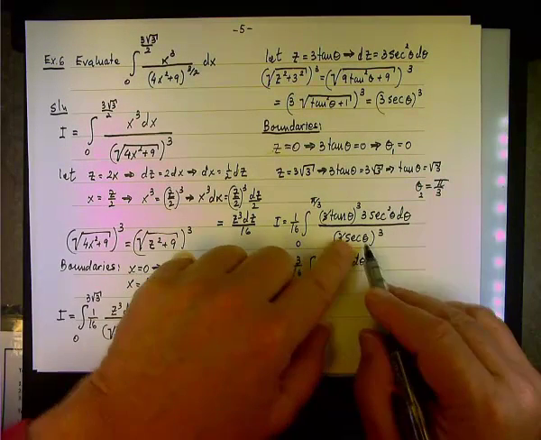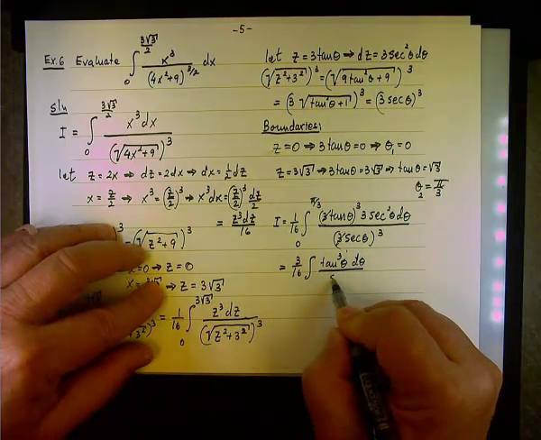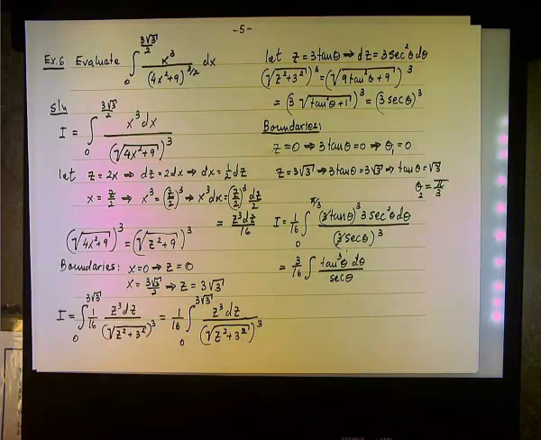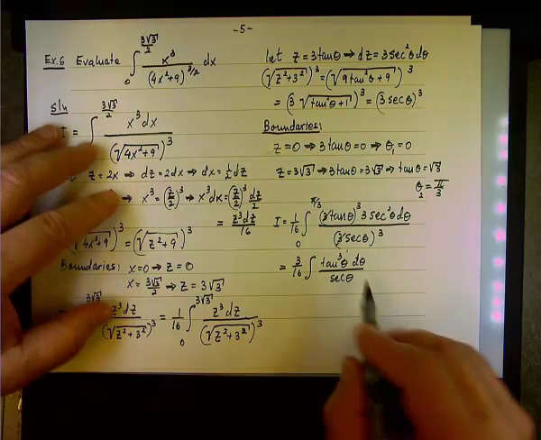No, this is secant squared divided by secant cubed. So we have tangent cubed d theta divided by secant theta. Okay? In the morning I did it one way. This time I'm going to do it a different way. I'm going to write it the following.